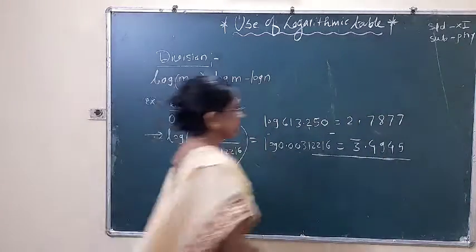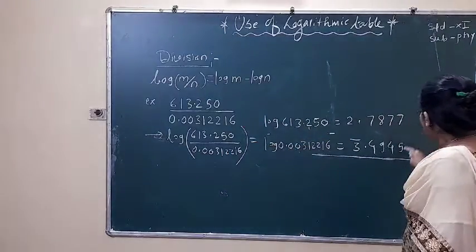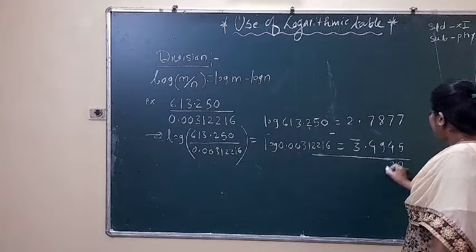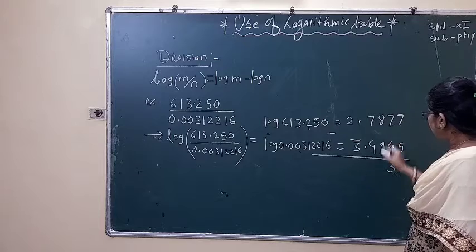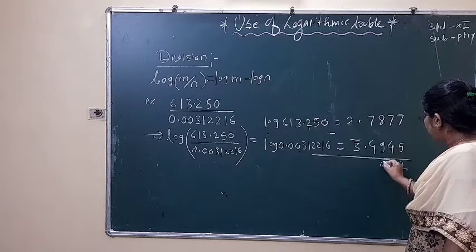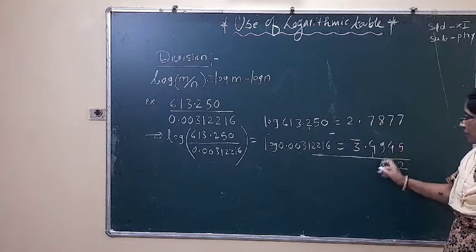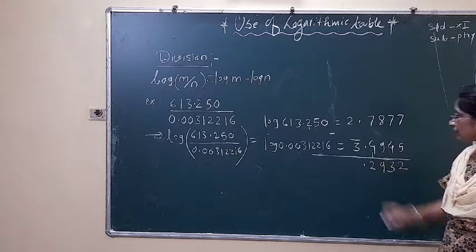Then we get 7 minus 5, 2. Here 18 minus 9, 9. Here 7 minus 5, 2.